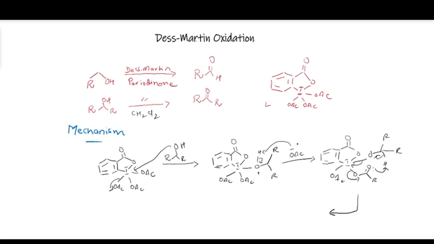So you can see that this alcohol has now been converted into a carbonyl group, that is the acetone, and it gets detached from the reagent. Plus, the reagent is now released in this form with one acetate group attached to it, along with the removal of another molecule of acetic acid.